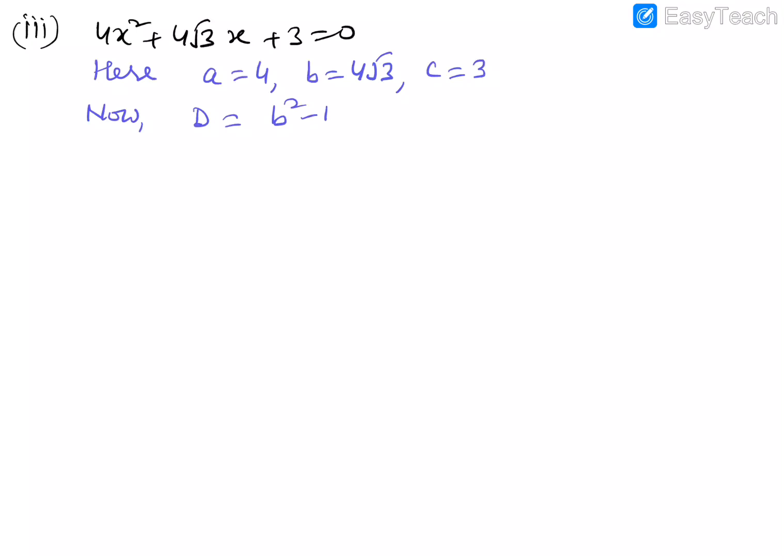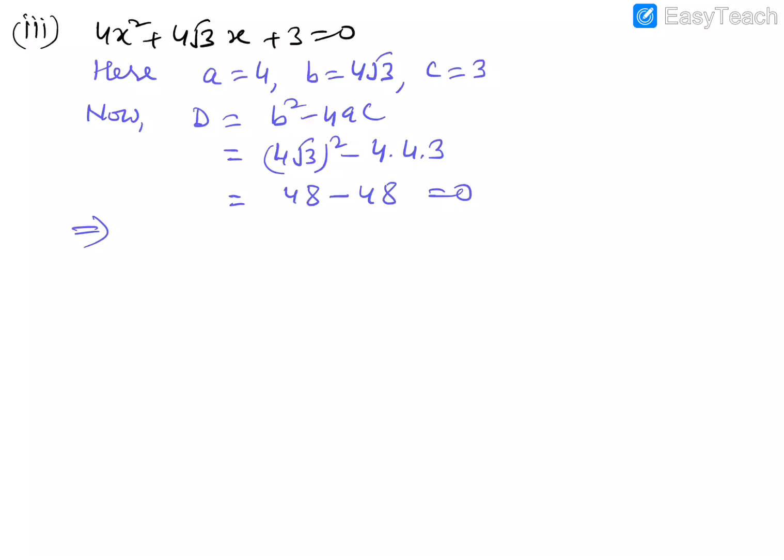Now, discriminant D is b square minus 4ac, which gives 4 root 3 square minus 4, a is 4, c is 3. So, this gives 4 4 is 16, 3 is 48, minus 48 is equal to 0.